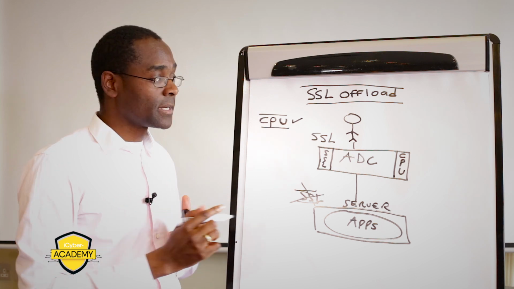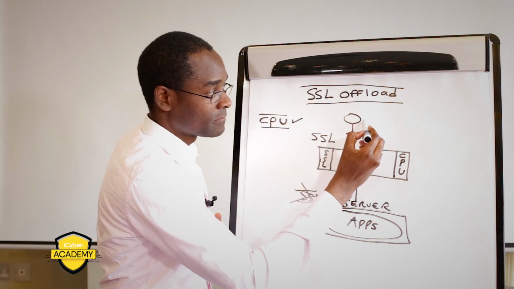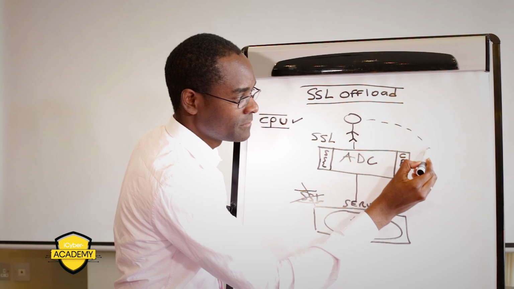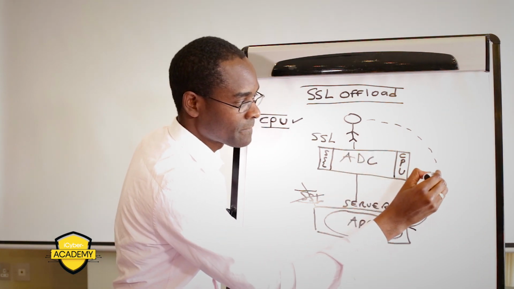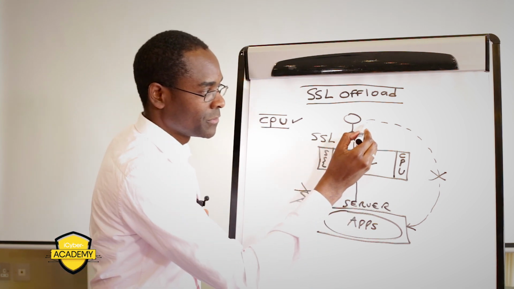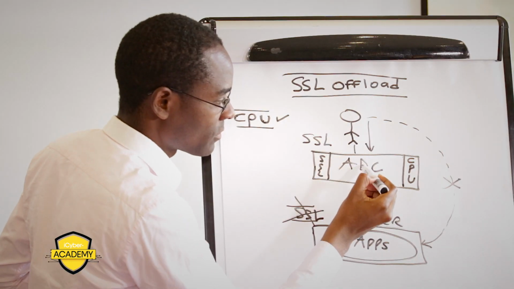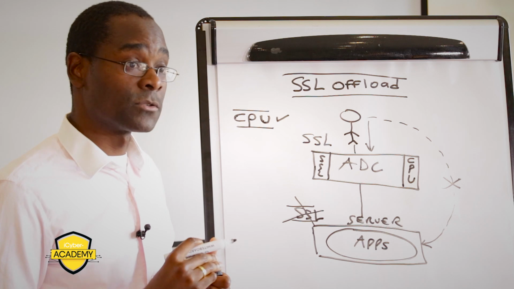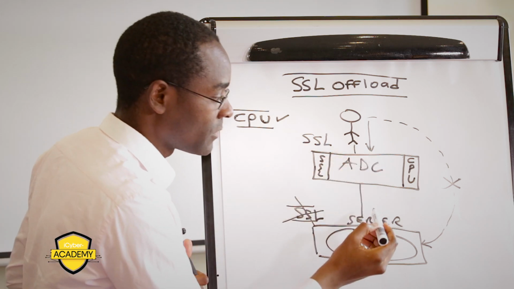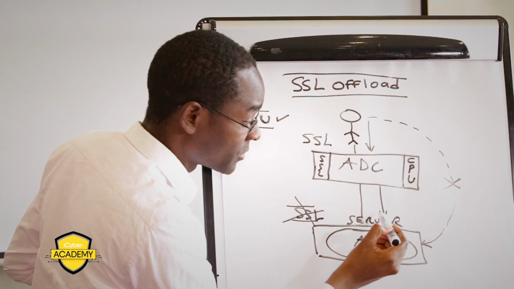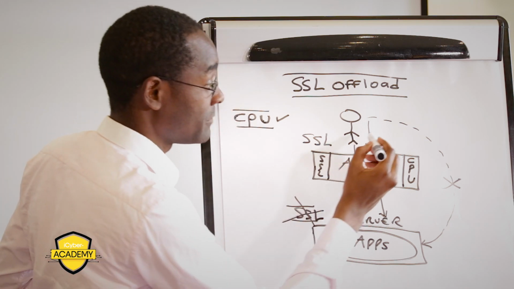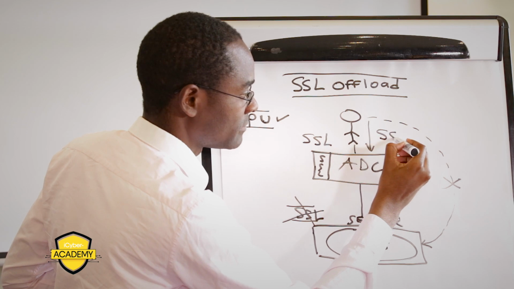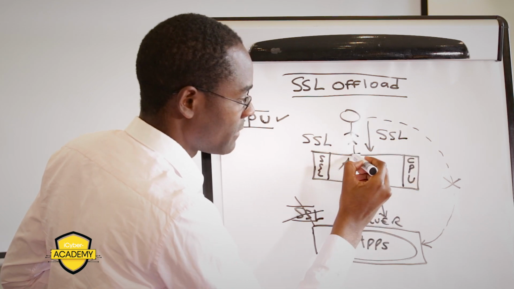For that to work, instead of having the client talking directly to our backend system, we're going to try to avoid that. We're going to get this client to talk to this device, usually called an application delivery controller, and that device will then talk to the backend system. Notice that we're not doing SSL on that backend. We're only doing SSL between the client and our first device.